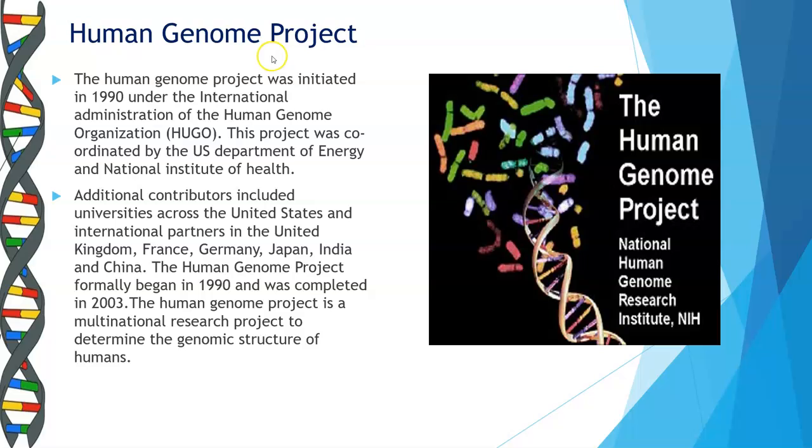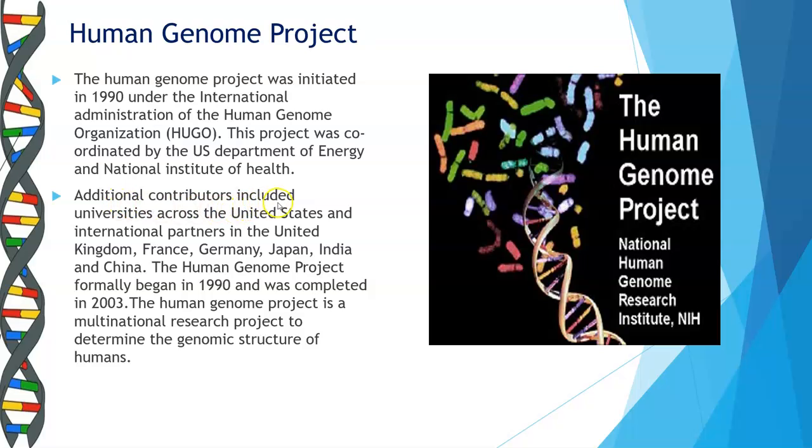Now students, let us have a look at the Human Genome Project. The Human Genome Project was initiated in 1990 under the International Administration of the Human Genome Organization, HUGO. This project was coordinated by the US Department of Energy and National Institute of Health.